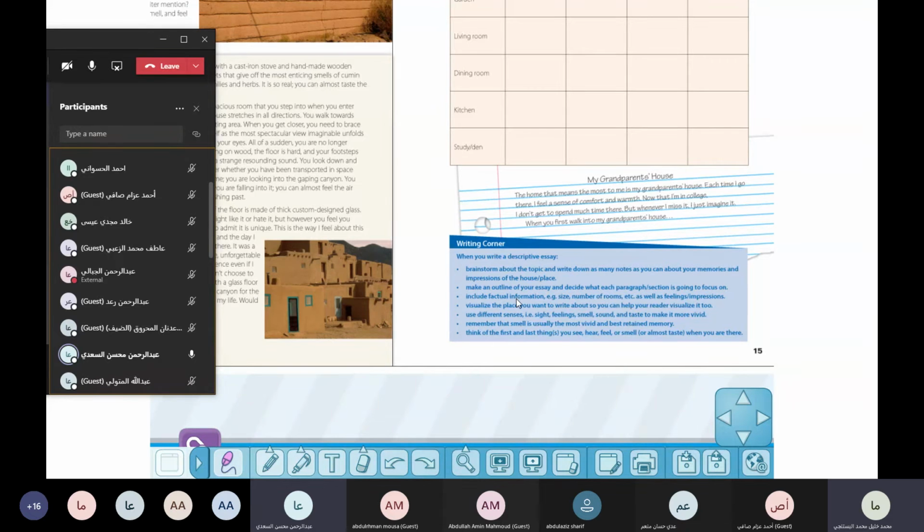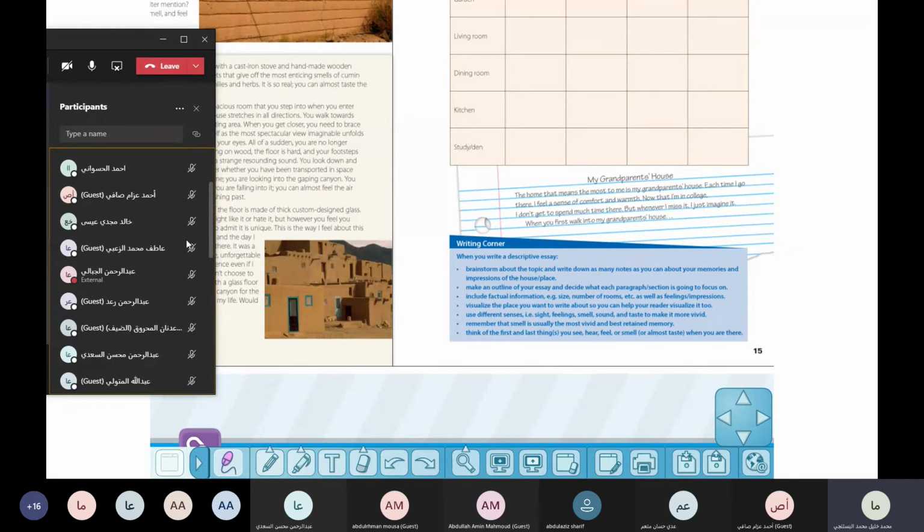Good. So here in number 3, you should include factual information. This will help the reader to understand and visualize as well. You have to mention some factual information, real information, not imagined.